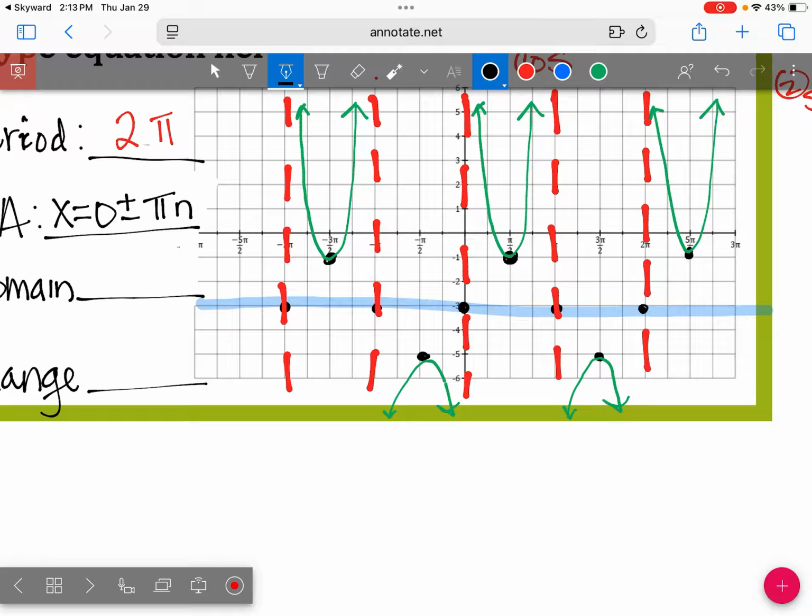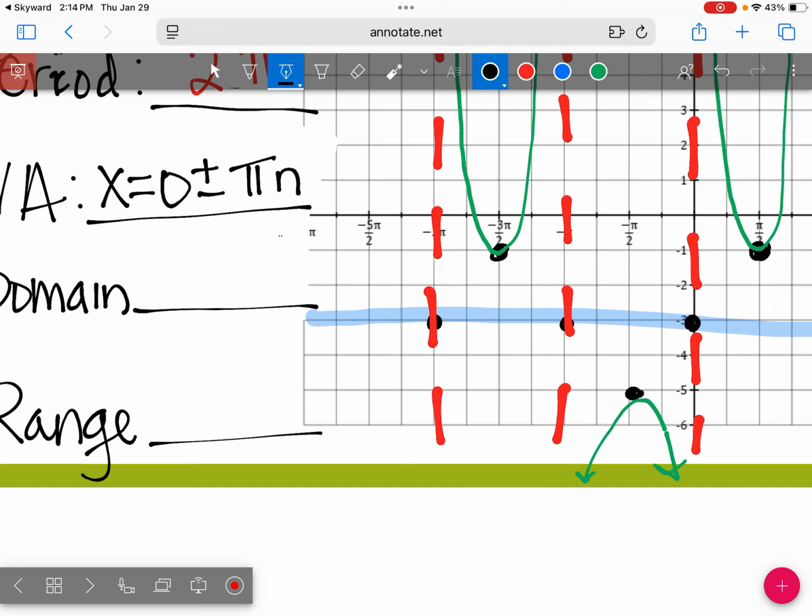Some professors put a k. You can use n or k. It just means it repeats over and over again. So when you write your domain, I want you to say, it is all real numbers, but x cannot equal 0 plus or minus pi n.